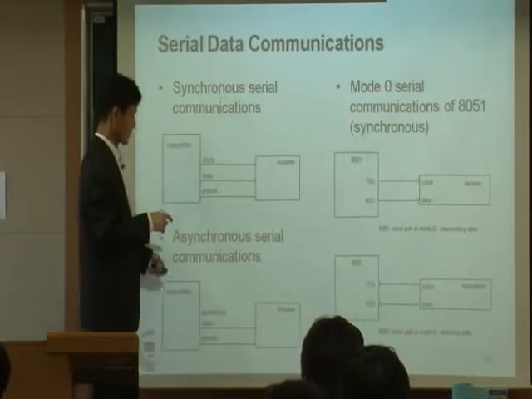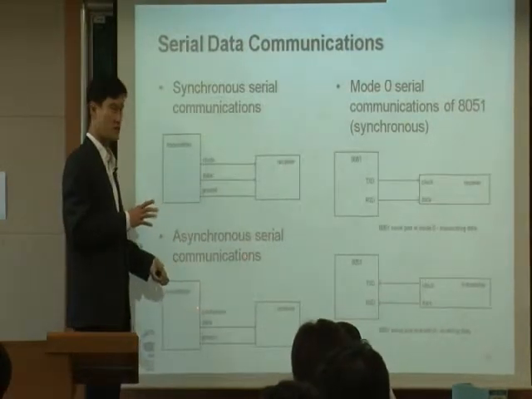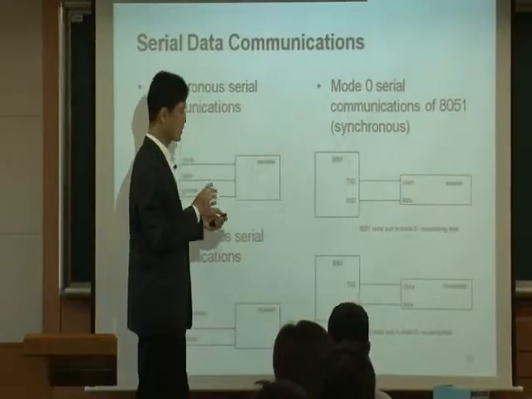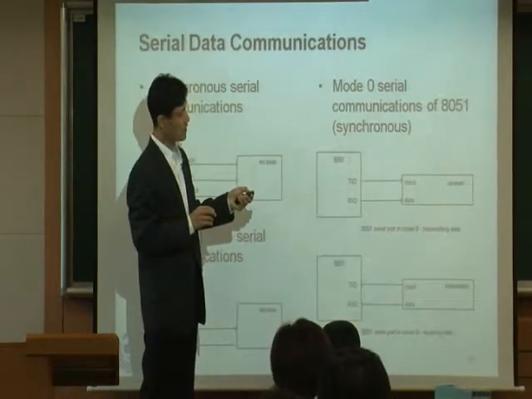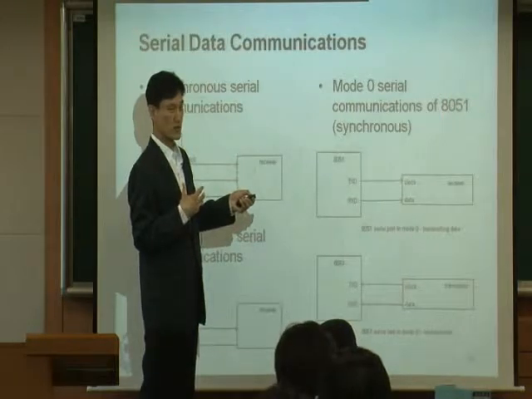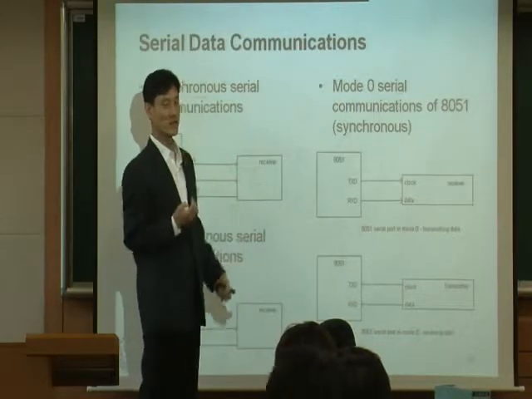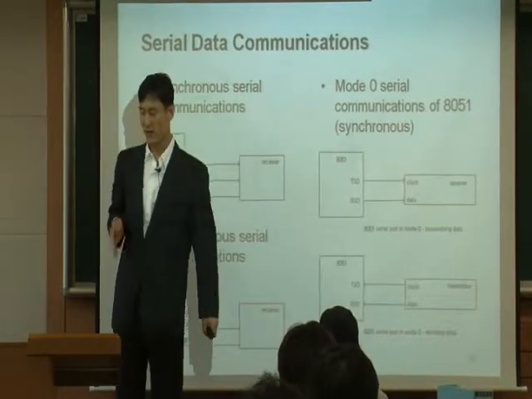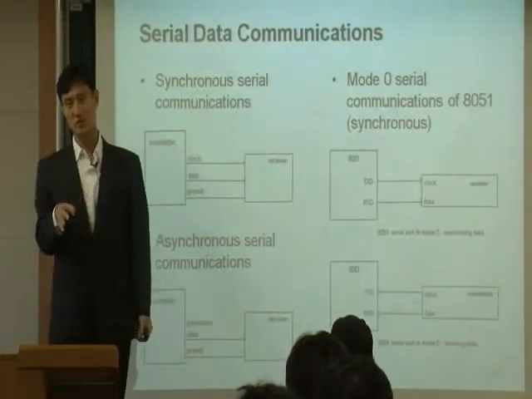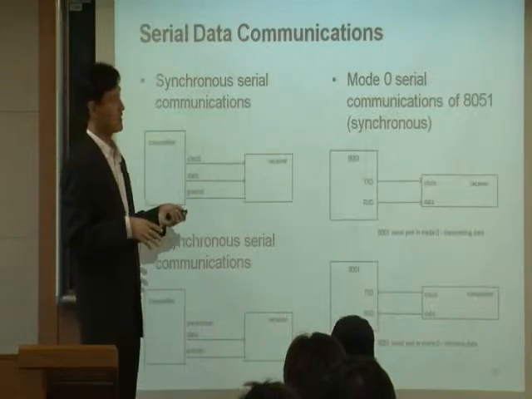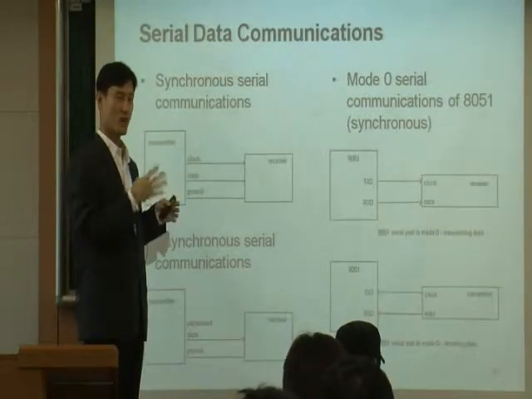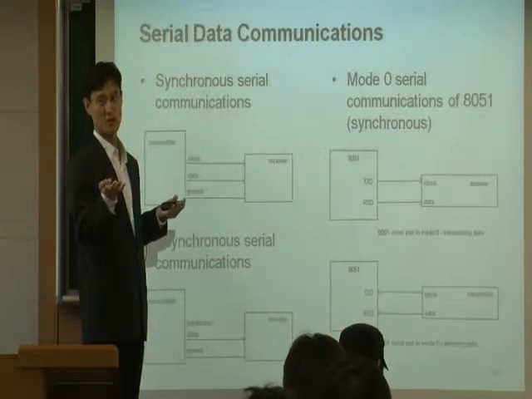But before that, before talking about the details of asynchronous, going back to synchronous communication, let's briefly check one thing. In the 8051 microprocessor, there are 4 different serial communication modes. In fact, there are a lot of 4s in the 8051.